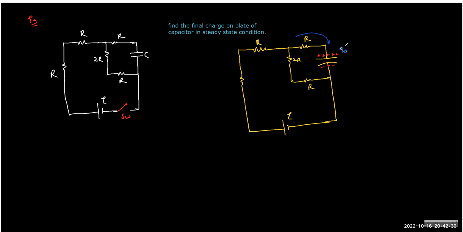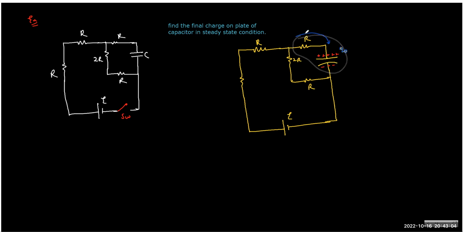Is it possible to have a loop with current, ignoring the capacitor? So let's throw out the branch which contains the capacitor. We can clearly see this branch is the one containing the capacitor, right?